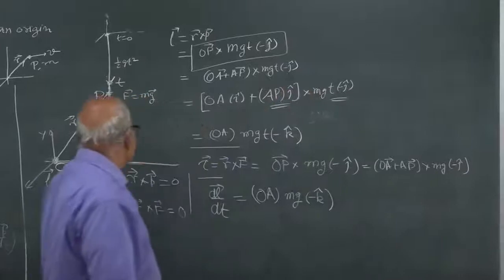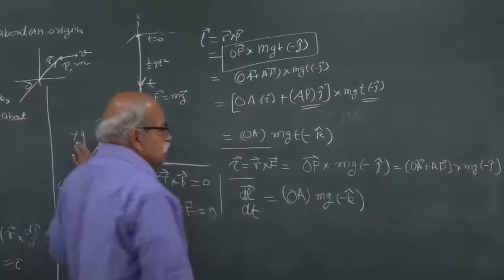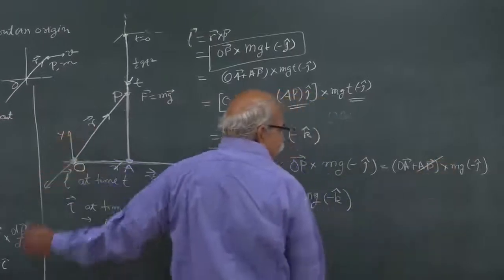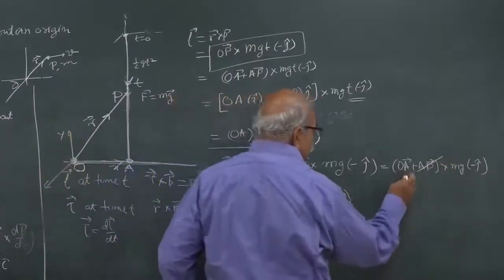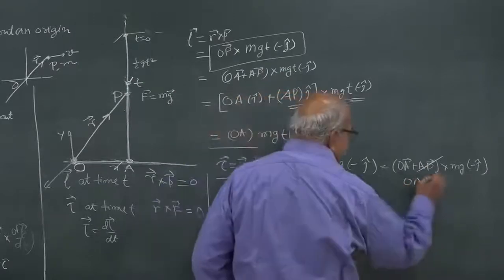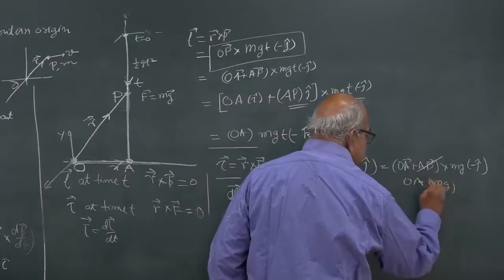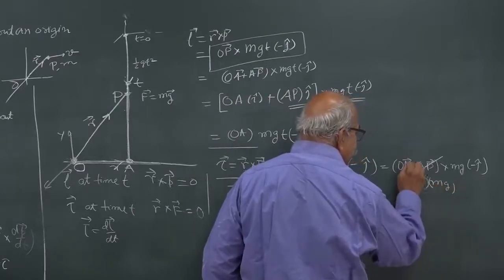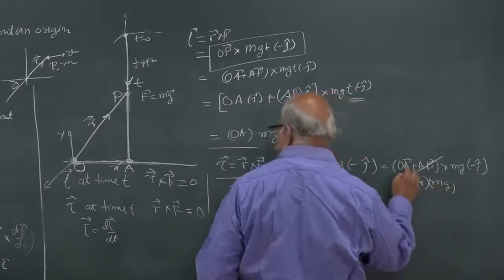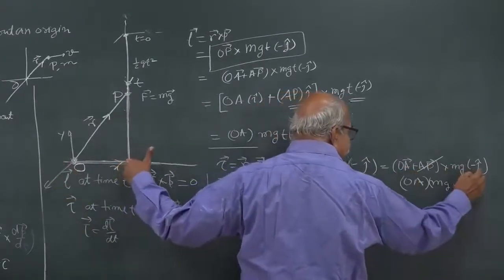And once again AP is parallel to this y axis. So, this part will go away and what you will have is OA, and then m into g here, OA here, and this OA is in x direction. So, x i cap cross j cap is k cap.